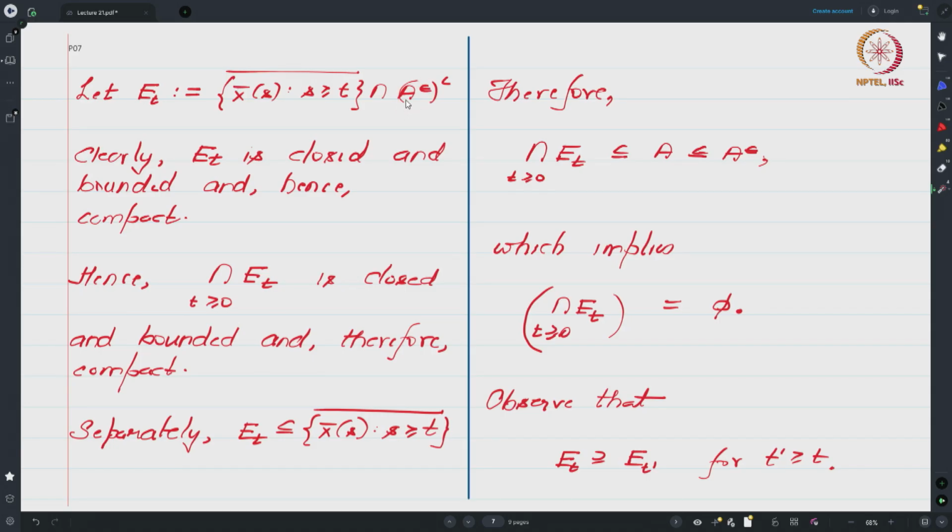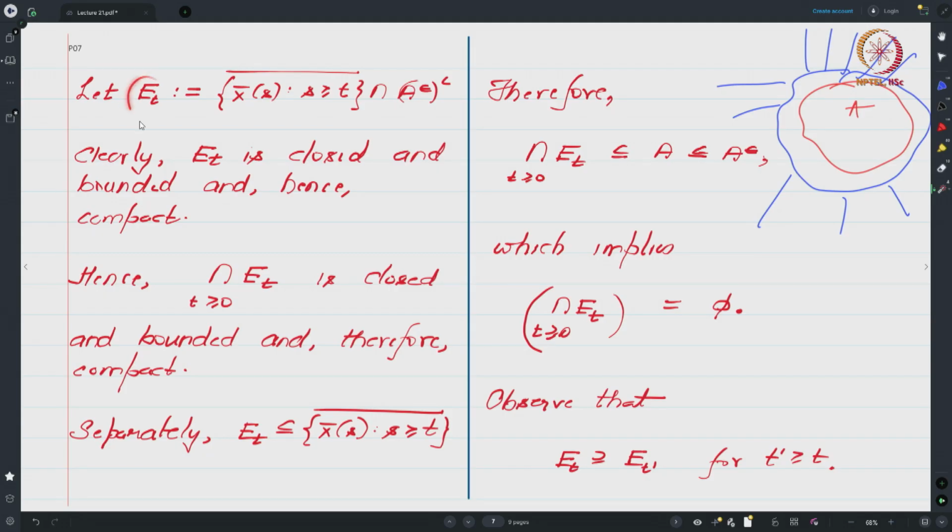Recall that your A is something like this, your A epsilon is something like this, and A epsilon complement will be everything that is outside this. So we are looking at the intersection of this set with the complement of A epsilon, and what we are going to show is that this ET is empty for all sufficiently large t.